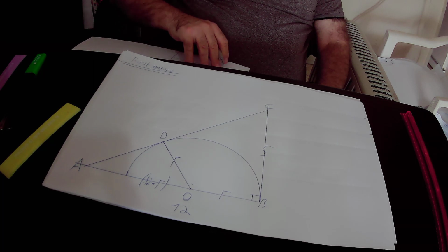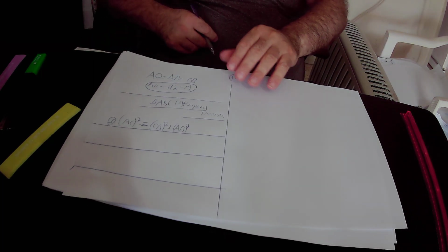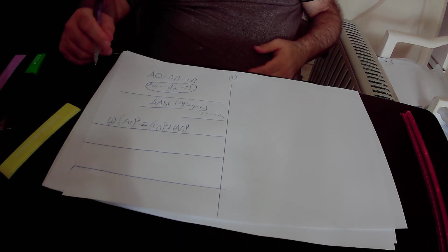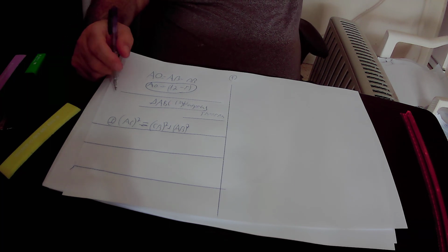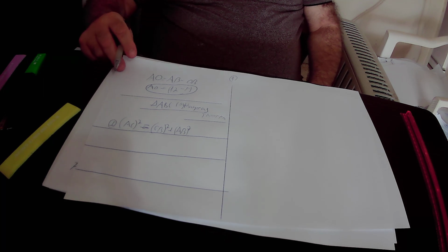I'll repeat again. According to the Pythagoras theorem, the square of the hypotenuse equals the sum of the squares of the perpendiculars. That is to say, AC squared equals CB squared plus AB squared.